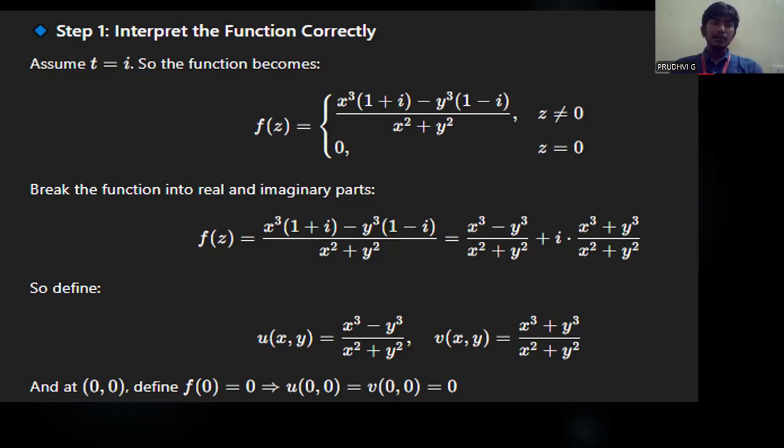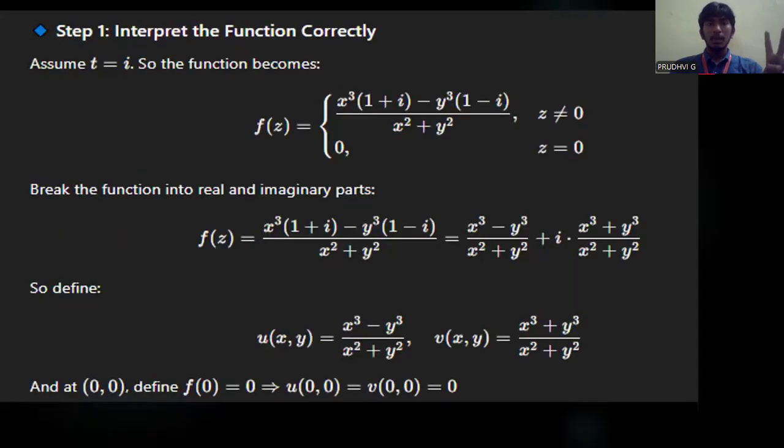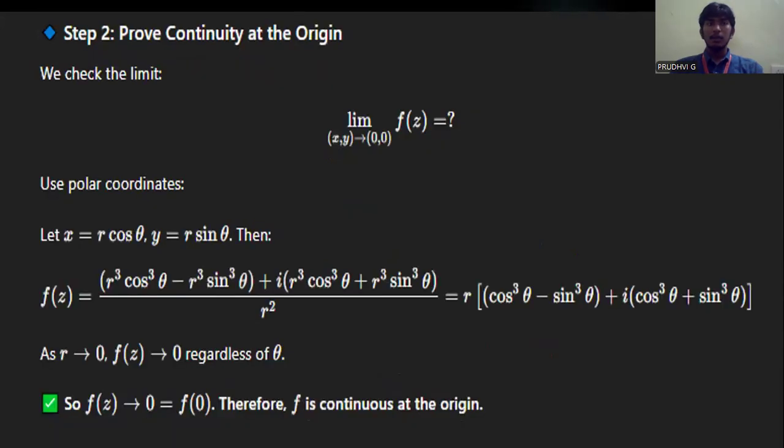So let's begin. When f of 0 is 0, u of 0 comma 0 is also 0. So both functions are 0 at 0 comma 0. So basically we are interpreting the function correctly. So this is the first step to prove continuity at the origin.